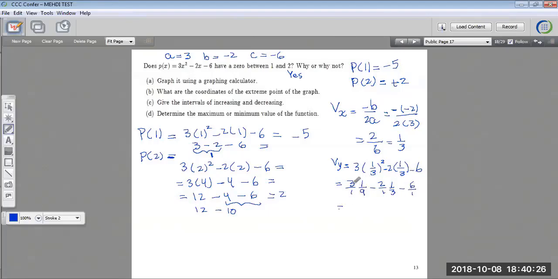You can reduce this to 1/3 minus 2/3 minus 6 over 1. The LCD is 3, so I need to multiply the last one by 3 over 3. So it looks like you get 1 minus 2 minus 18 over 3, which gives you minus 19 over 3.